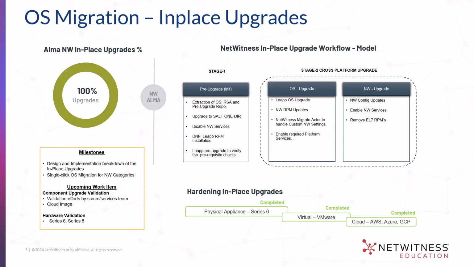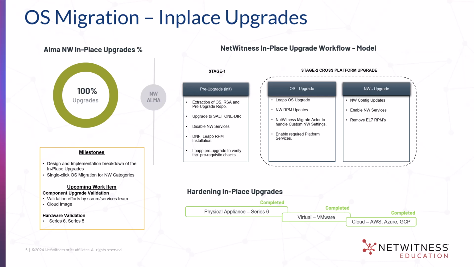Once the pre-upgrade checks are successful, we proceed to upgrade the OS. Then we proceed to stage 2 of the upgrade, where LEAP upgrades CentOS 7 to CentOS 8, following which the NetWitness migrate actor installs all of your NetWitness RPMs. It would upgrade the NetWitness RPMs, and also migrate all of the custom NetWitness settings from the previous version to 12.4. This stage would also enable all of your NetWitness services.